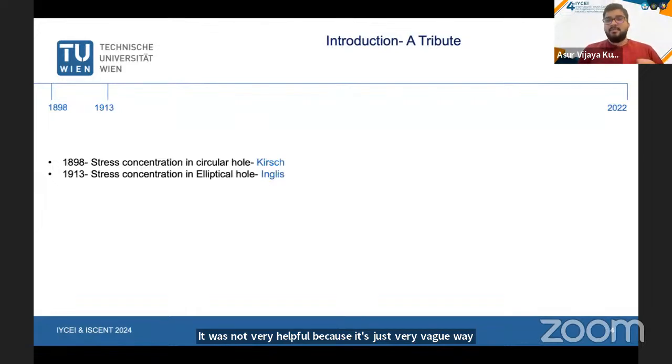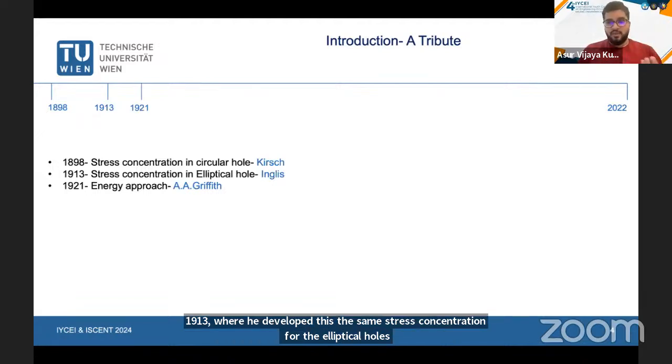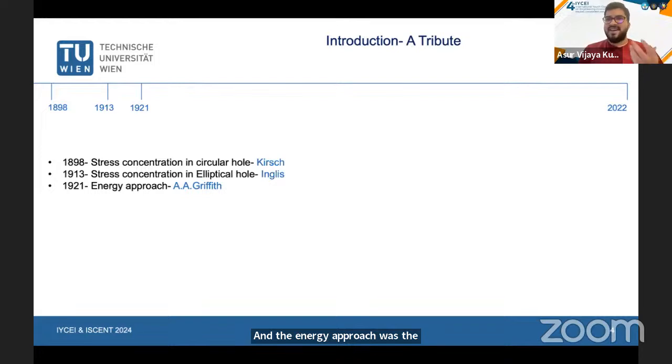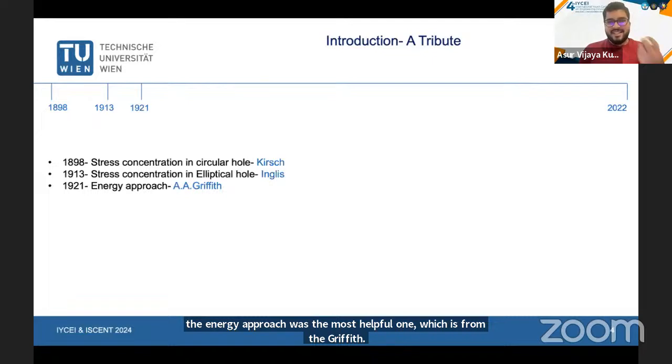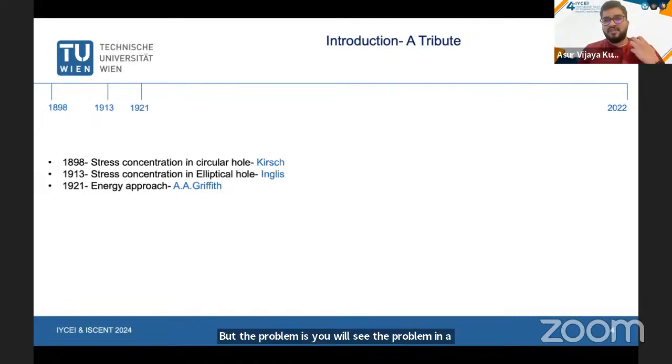Then more generalized terms were developed by Inglis in 1913, where he developed the same stress concentration for elliptical holes. And the energy approach was the most helpful one, which is from Griffith. But the problem is, you will see in a while, that with this kind of energy approach we were not able to solve the problem.